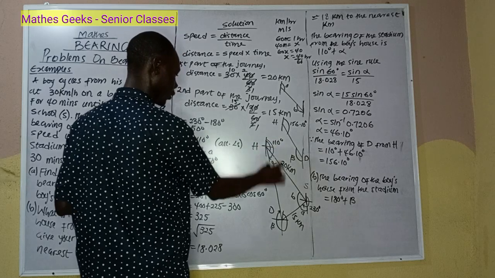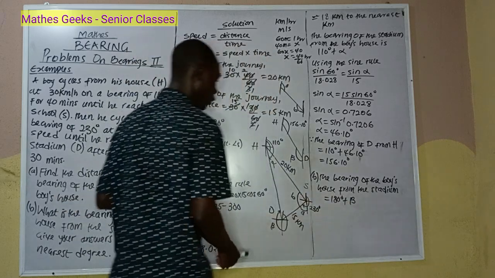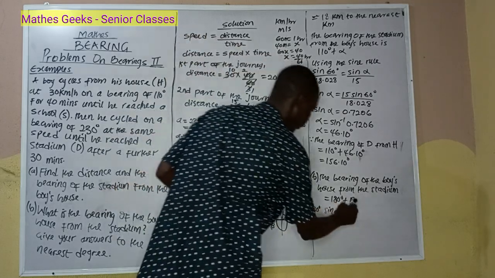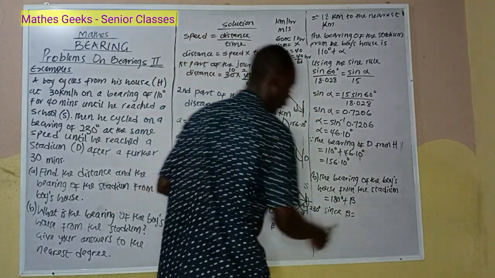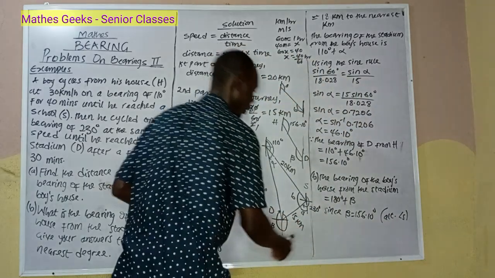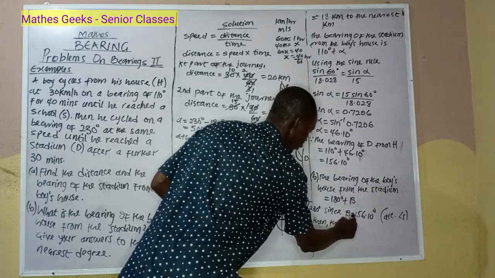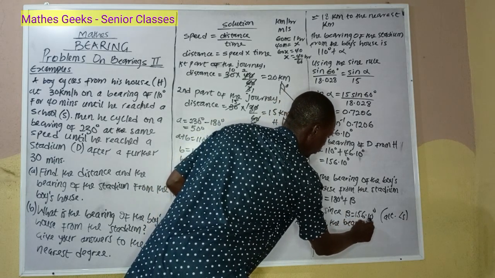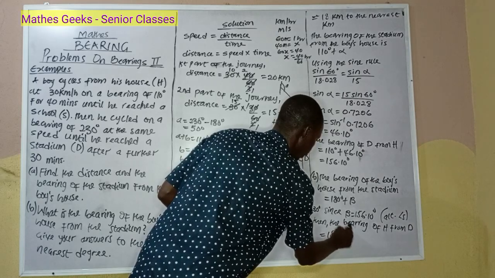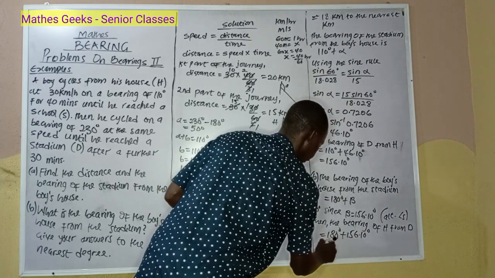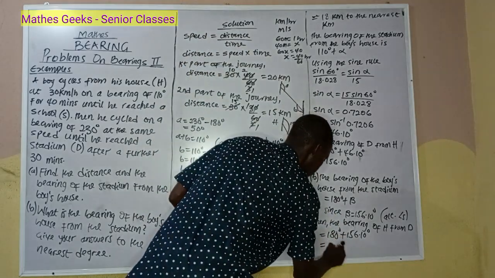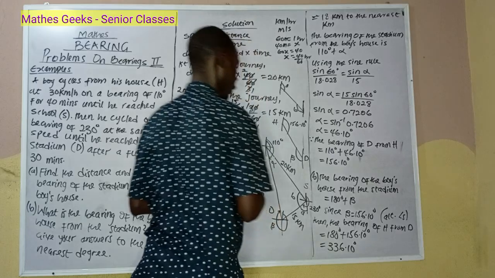Since beta is equal to 156.10 degrees using alternate angles, the bearing of H from D is equal to 180 degrees plus 156.10 degrees, and that will give us 336.10 degrees. That's the answer.